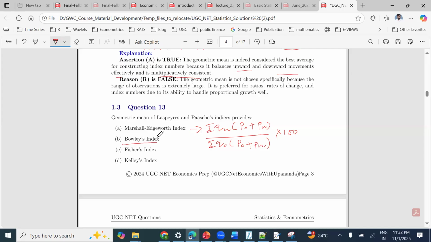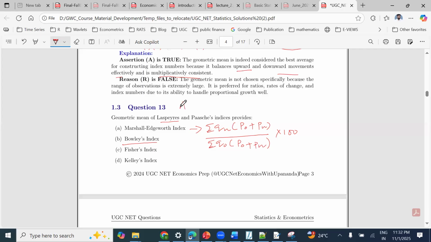So basically, you should remember that the arithmetic mean of Laspeyres index, it is not given here actually, although it is there in this question. So the arithmetic mean of Laspeyres index and Paasche's index is known as Bowley's index.